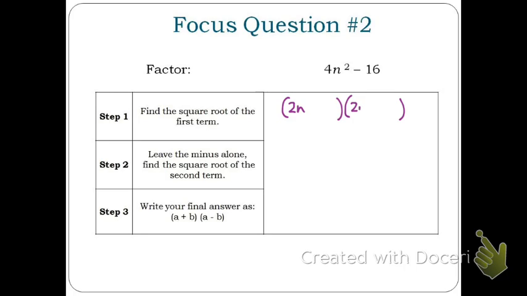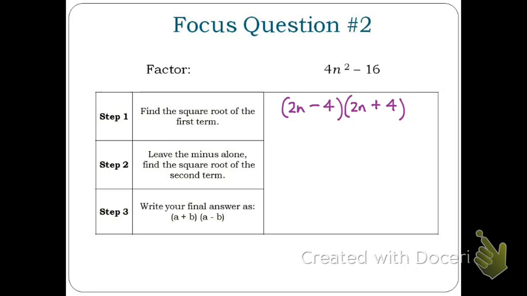So I'm going to put 2n in the front of each part. Now, looking back at the 16, if we're looking for the root, that would be 4. So I'll put 4's in both. And then again, I see that minus, so I'm going to put minus in front. It doesn't matter. You could put a minus or a plus in front. But if I put the minus in front, I must put a plus in the back.